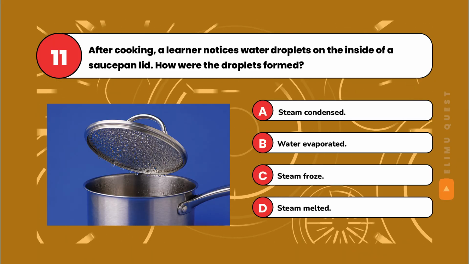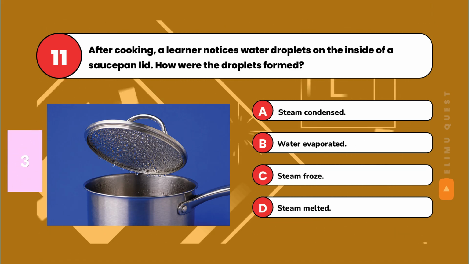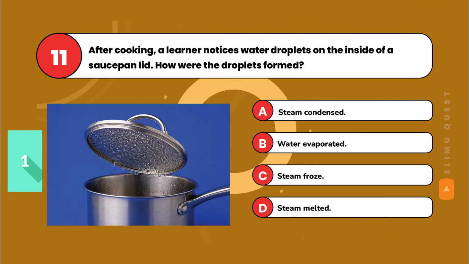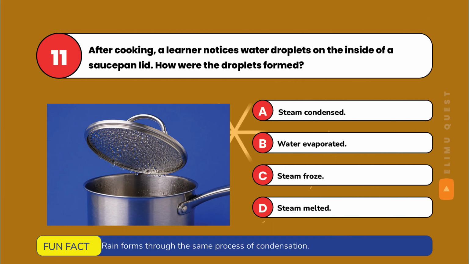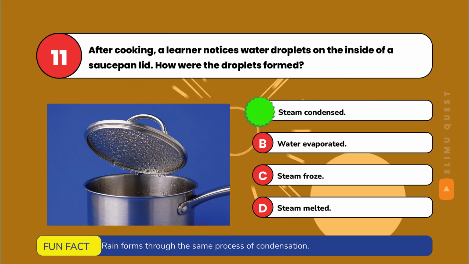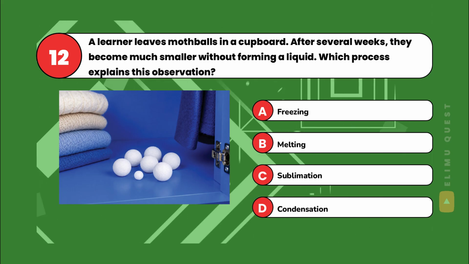After cooking, a learner notices water droplets on the inside of a saucepan lid. How were the droplets formed? Steam lost heat when it touched the cool lid and changed back into liquid water. A learner leaves mothballs in a cupboard.